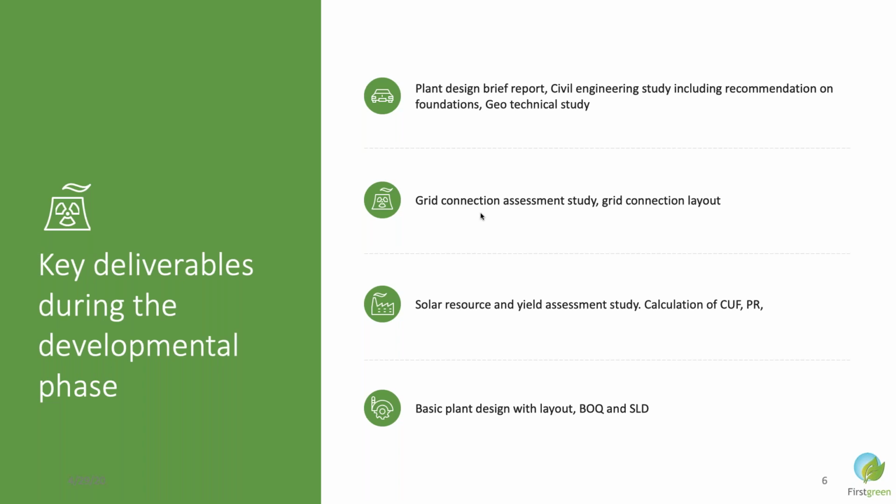Probably in this phase, you may go for paid data. You can also collect your solar radiation data from nearby operating plants also, and you can also collect data from state governments or the central government's solar radiation monitoring stations if they are available nearby to your site.